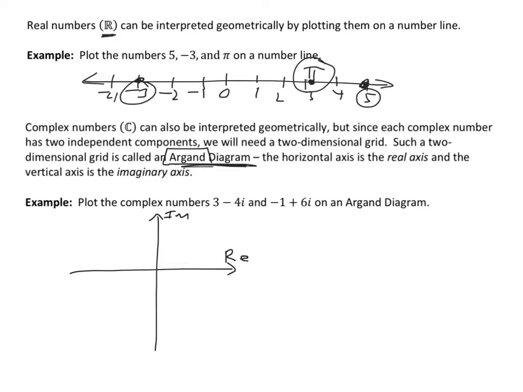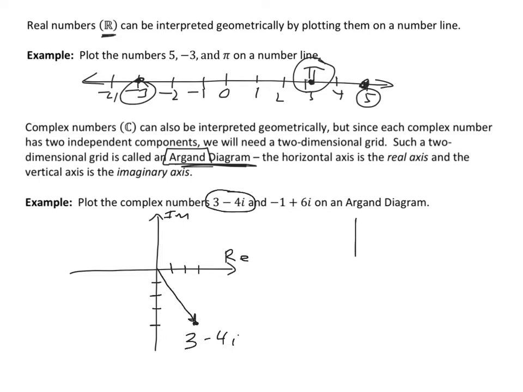If you wanted to plot the complex number 3 minus 4i, you would imagine going 3 in the real direction and -4 in the imaginary direction. This point right here would graphically represent 3 minus 4i. Sometimes people will draw an arrow to it. It can be done either way.